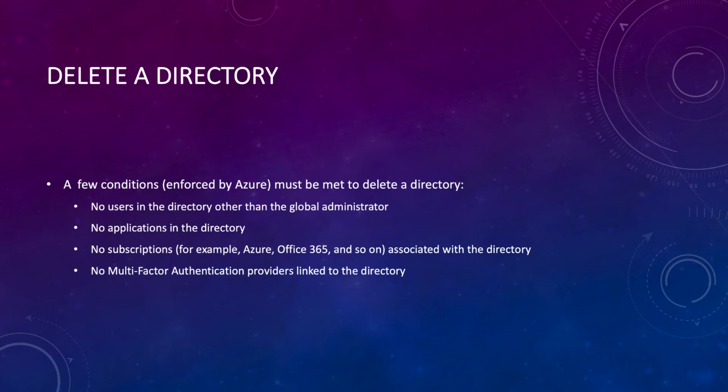To delete the directory, just select the directory and click Delete on the bottom command bar, and it's going to be gone. Now that we talked about how to create and delete a directory, maybe it's a good time to talk about the users and the groups.